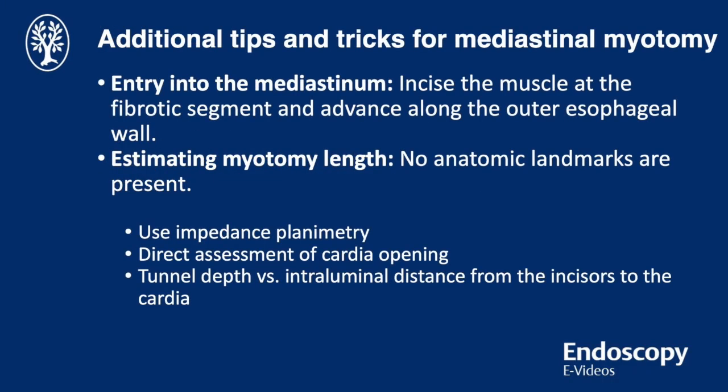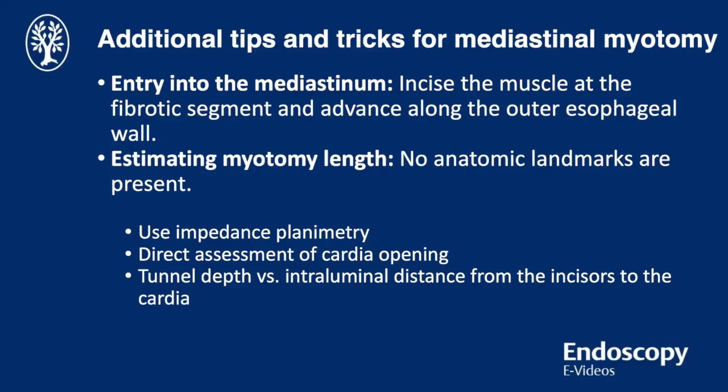The entry point in the mediastinum is dictated by the location of the fibrotic segment. At this level, the muscular layer is carefully divided, allowing the endoscope to advance along the external surface of the esophagus. Assessing the length of the myotomy is challenging because anatomic landmarks are absent within the mediastinal tunnel.